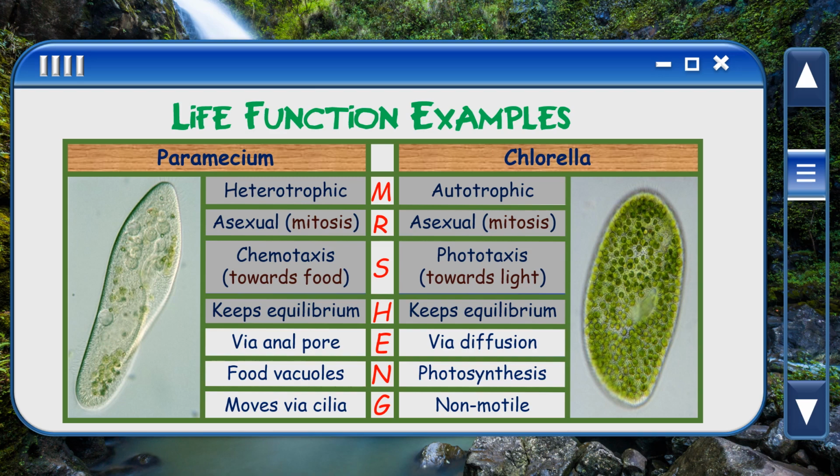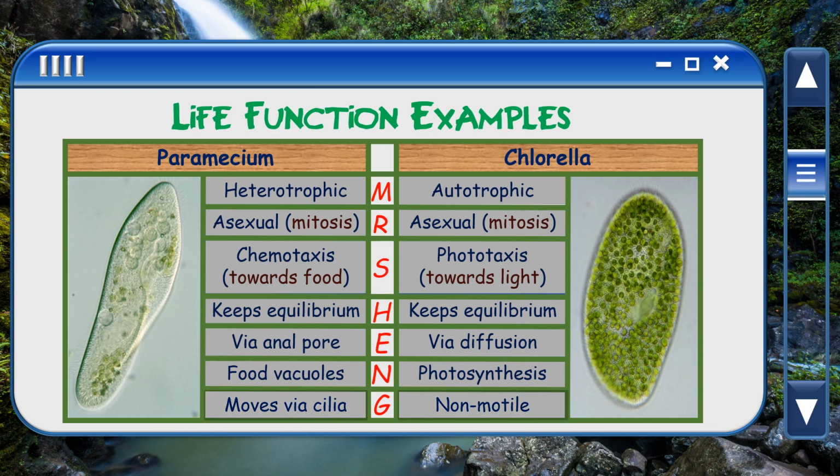When it comes to excretion, the Paramecium is going to excrete via the anal pore, whereas the Chlorella will use diffusion. And when it comes to nutrition, the Paramecium has food vacuoles, whereas the Chlorella carries out photosynthesis.